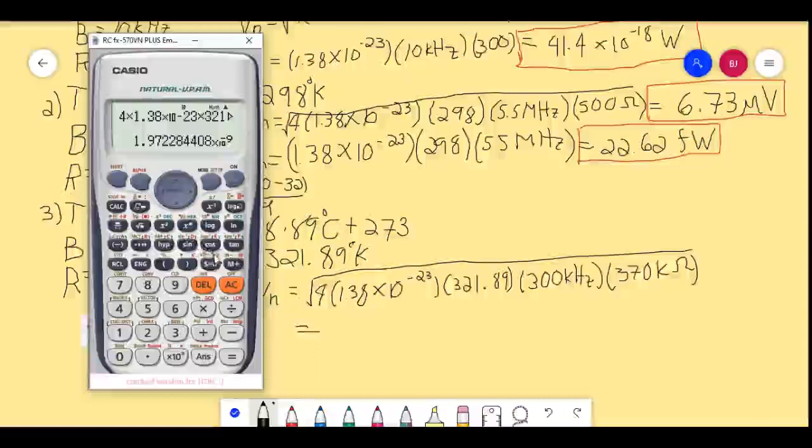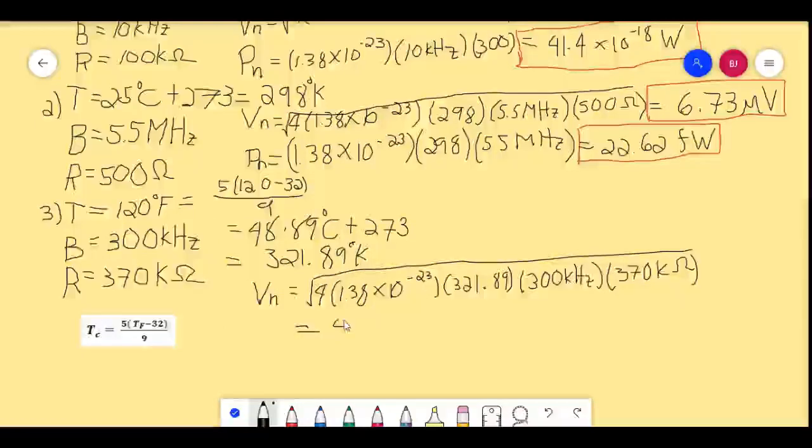And then we go with the square root, the answer. Oops, not ENG. So 44.41 microvolts, because it is times 10 to the negative 6. It's micro, and this is noise voltage. It's volts.